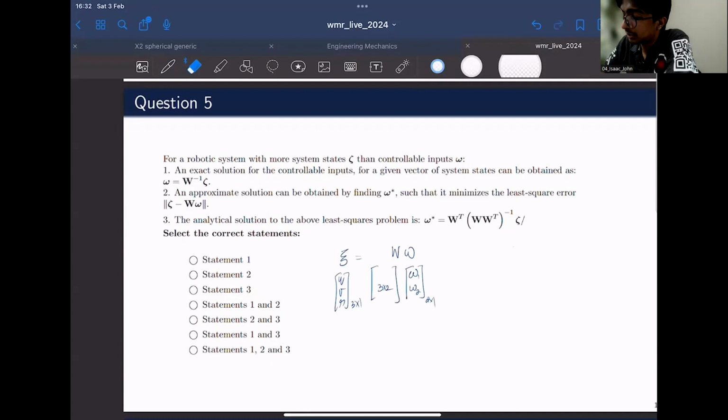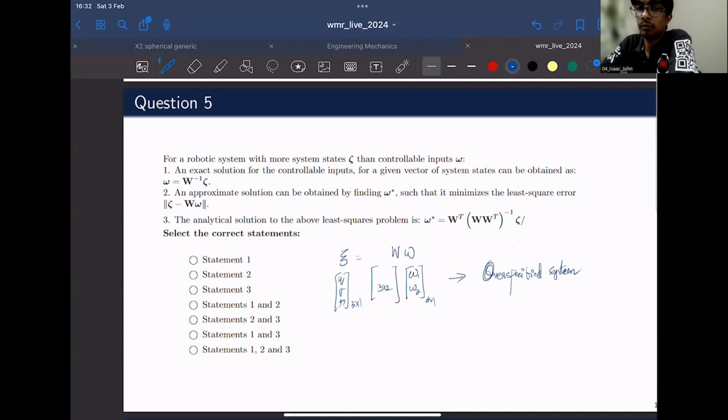So again, this is nothing but an overspecified system. What exactly can be recalled regarding an overspecified system? We cannot actually find an exact solution. We can only find an approximate solution that minimizes the error between the vector zeta, the left-hand side, and the right-hand side, W times omega.